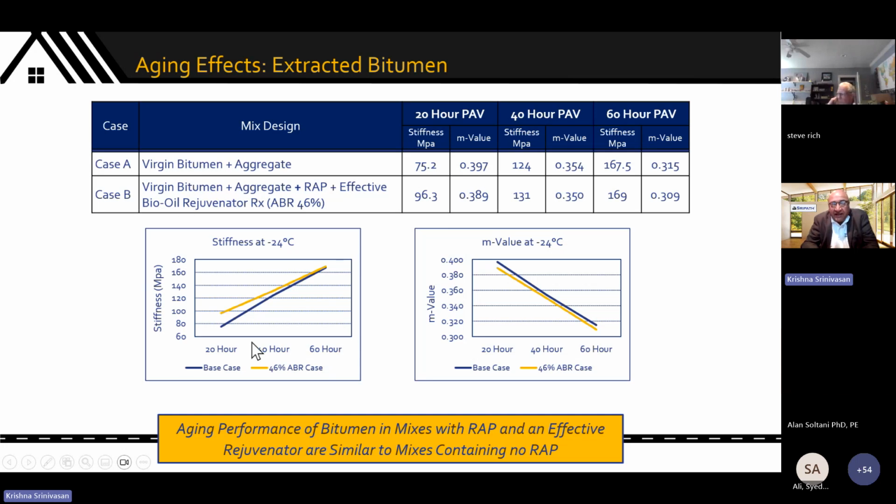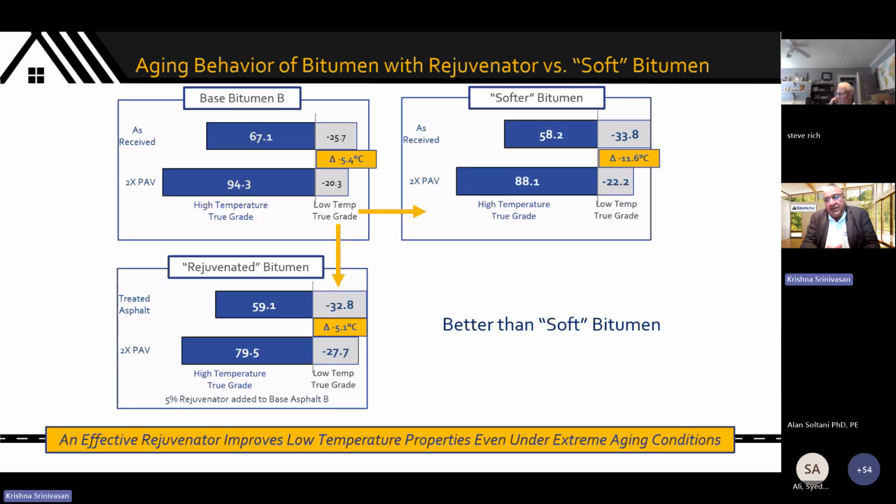You can see that the 2 curves for the high RAP case as well as the virgin case with no RAP at all, after aging, the curves just lie one on top of the other, showing you that not only is it able to provide satisfactory initial level properties, but this rejuvenator is able to match the aging characteristics. There's virtually no difference between the no RAP case and the 45% ABR case.